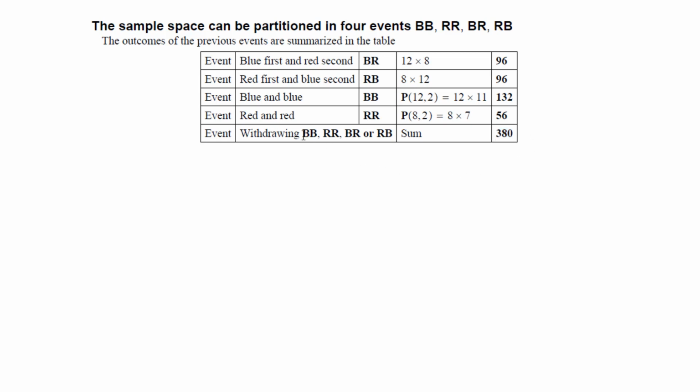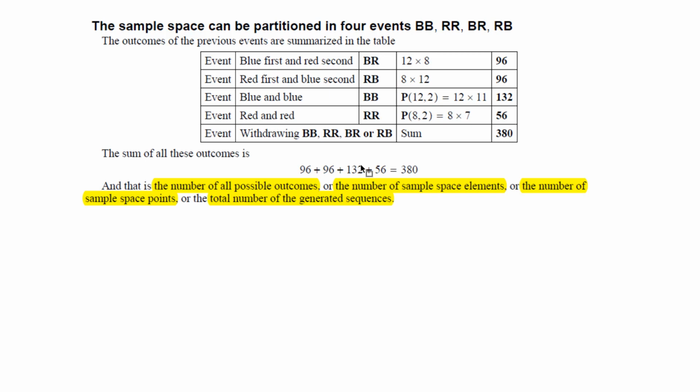So that would mean the union of all these events is going to give us the sample space itself. So 380 is called the number of all possible outcomes, or the number of sample space elements, or the number of sample space points, or the total number of the generated sequences, and all mean the same.